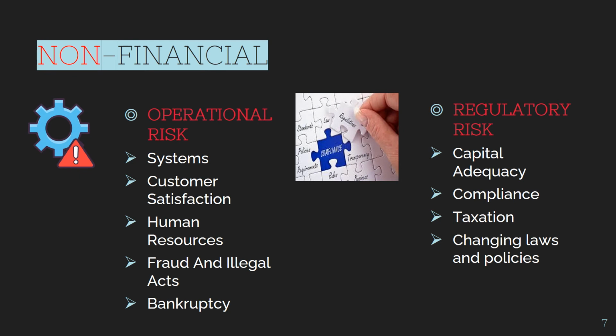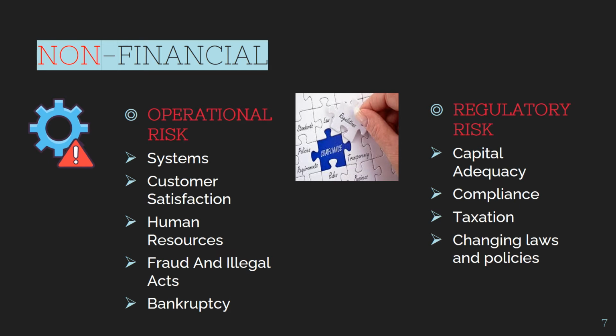Let's move on to the non-financial segment. The first one is the operational risk. Operational risk is the prospect of loss resulting from inadequate or failed procedures, systems, or policies. It includes employee errors, system failures, fraud, or other criminal activity that disrupts business processes.